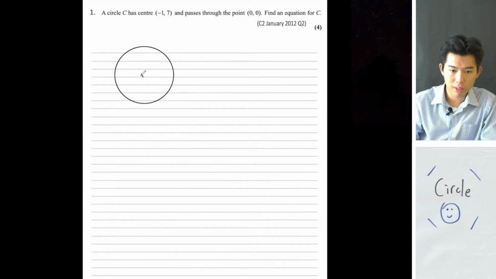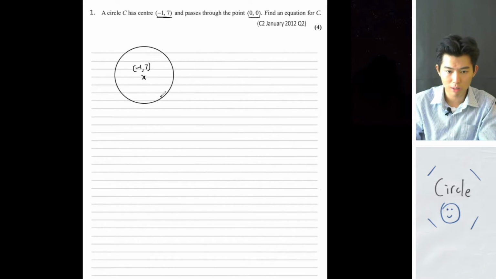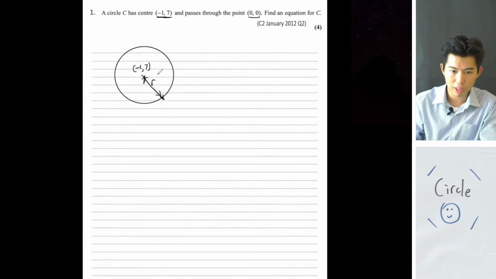This one here would be the center, which is (-1, 7). And the line passes through (0, 0), which is somewhere around here. Okay, first, the length between these two points would be the radius.